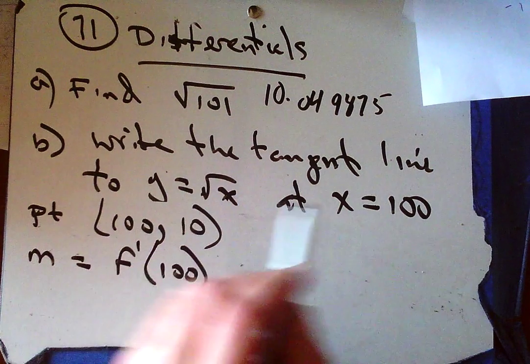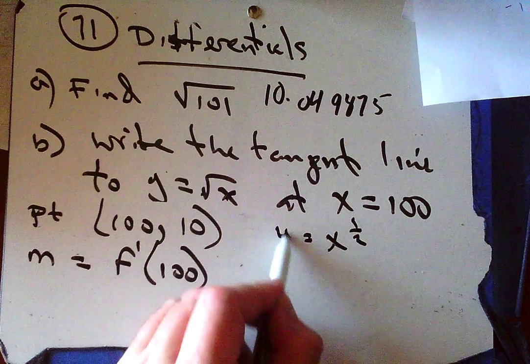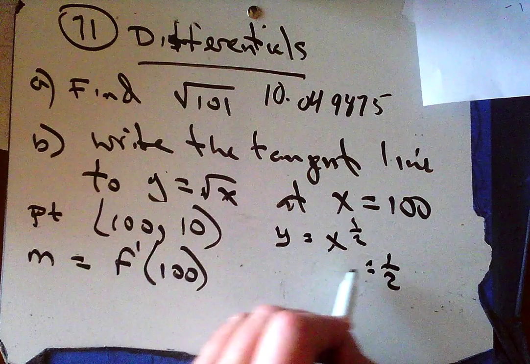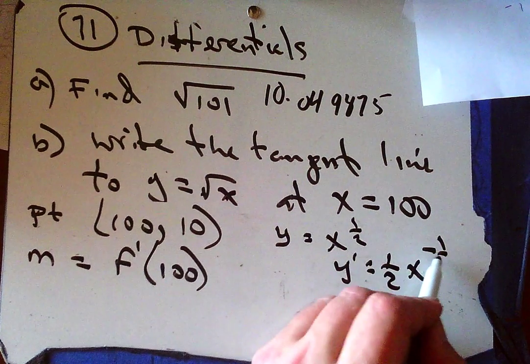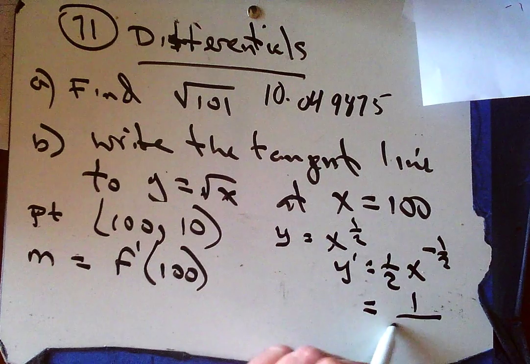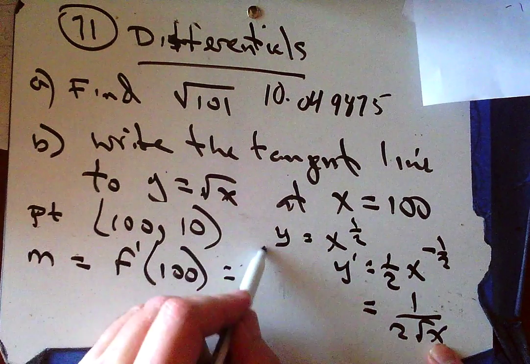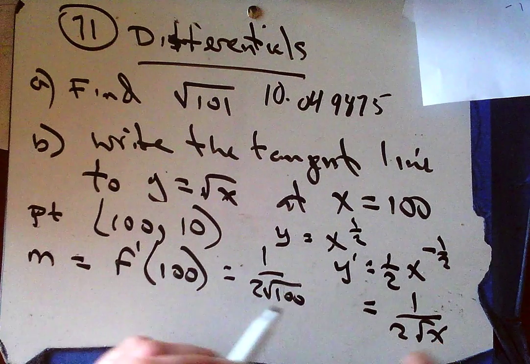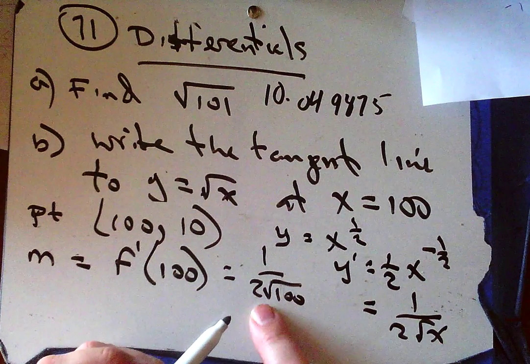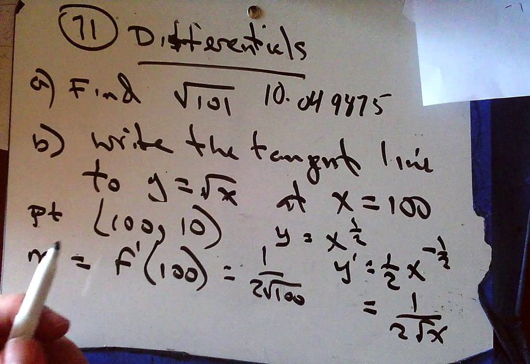So I've got to take the derivative of x to the 1/2, and that's going to be 1/2 x to the minus 1/2, or 1 over 2 root x. So if I plug my 100 in there, 1 over 2 square root of 100, the square root of 100 is 10. 10 times 2 is 20, so I get 1 over 20.